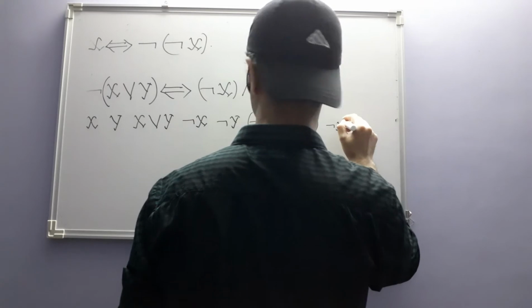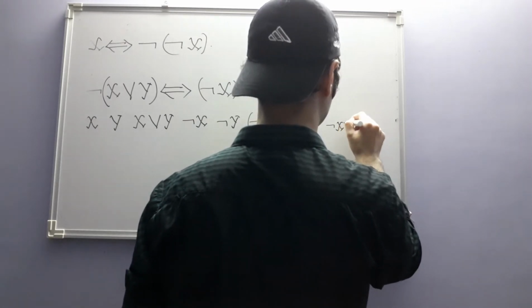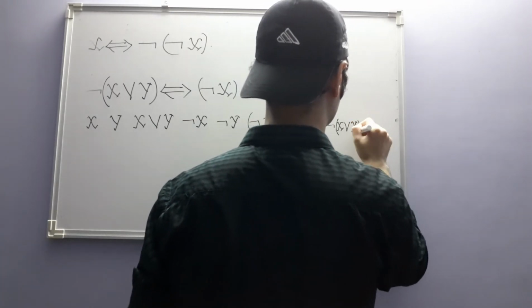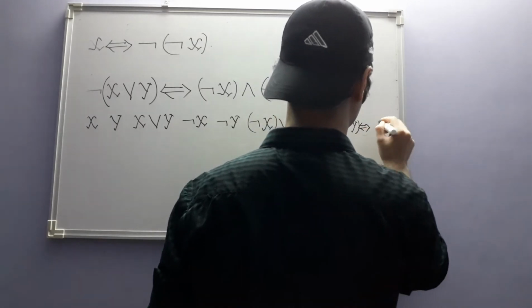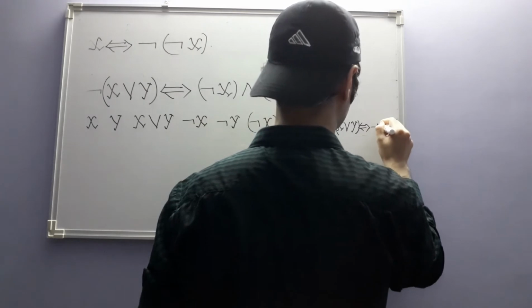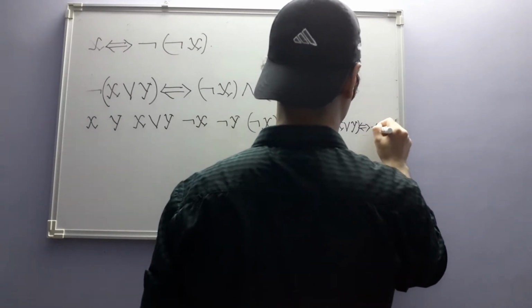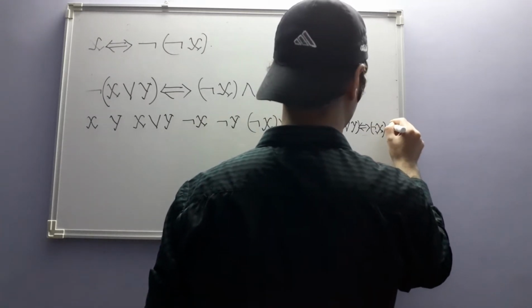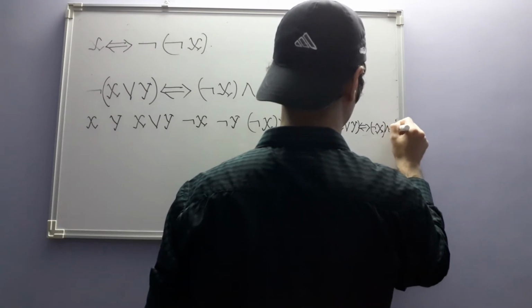If I am able to write so many things in this small space, is equivalent to, okay, it's possible to write negation of X and negation of Y.